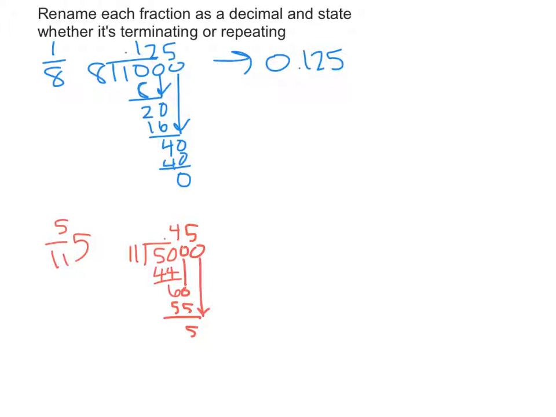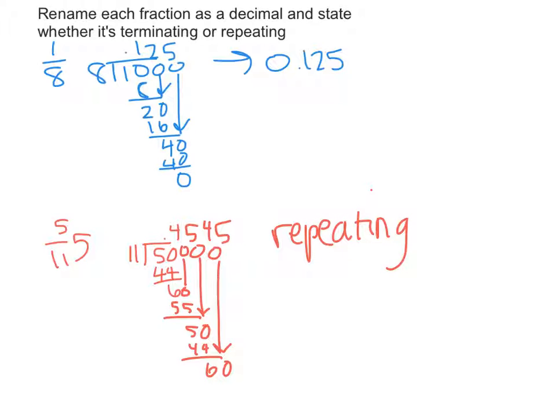Bring down a 0. 11 into 50 again is 4. 44, remainder of 6. And 11 into 60 is 5. And as you can see, this is going to keep repeating. So this is a repeating decimal, and we write it as 0.45 with a bar.